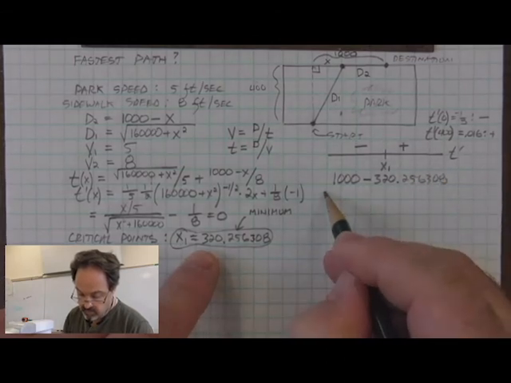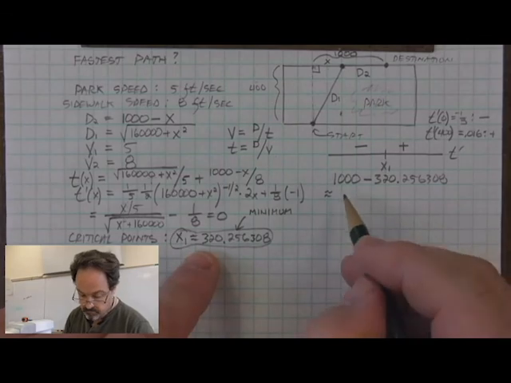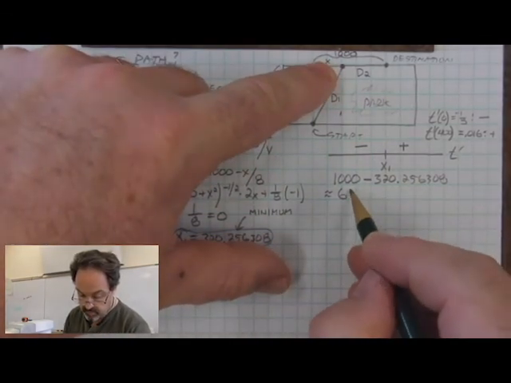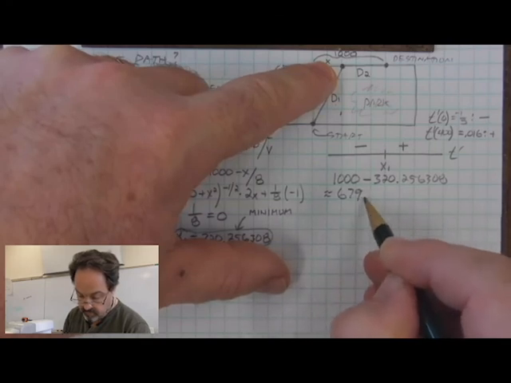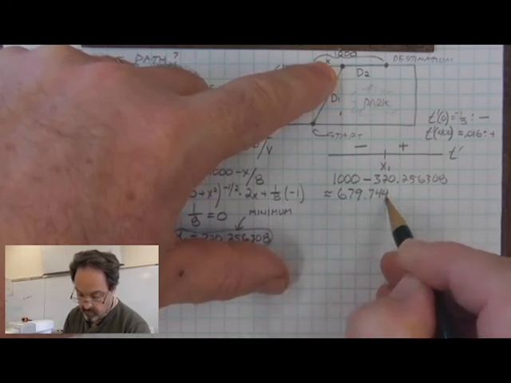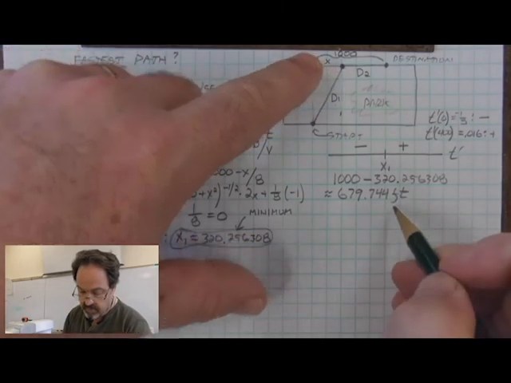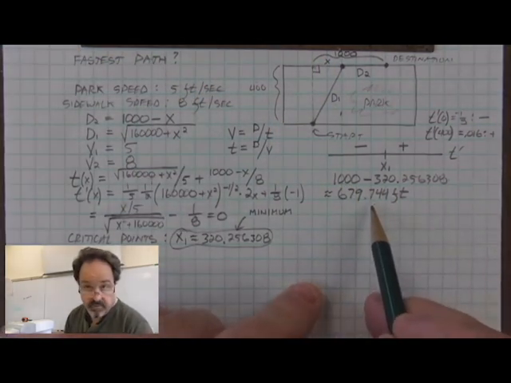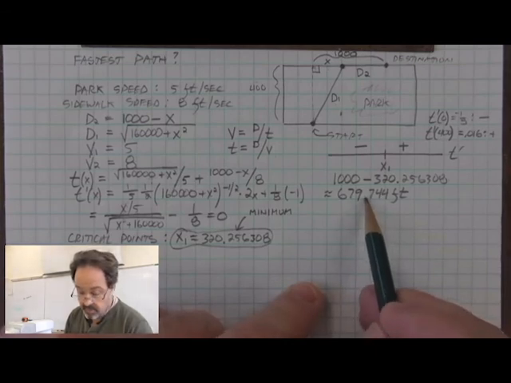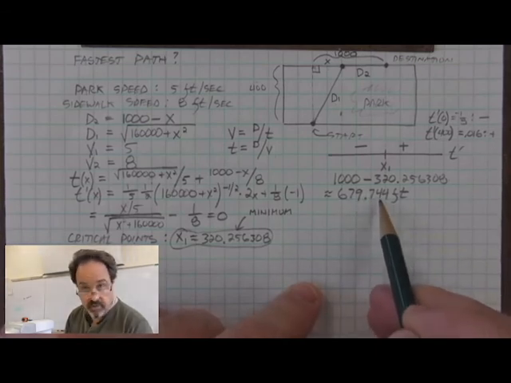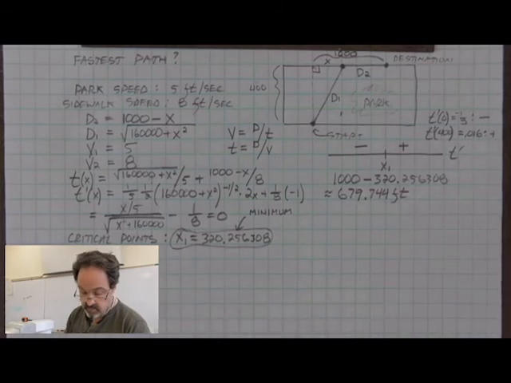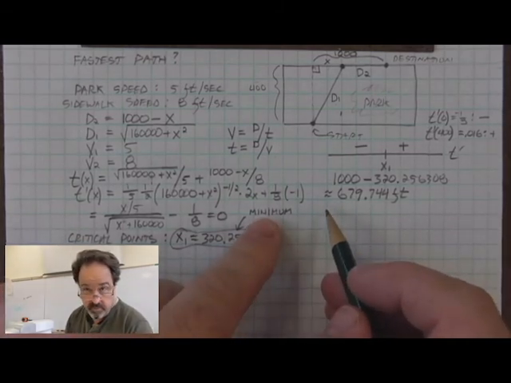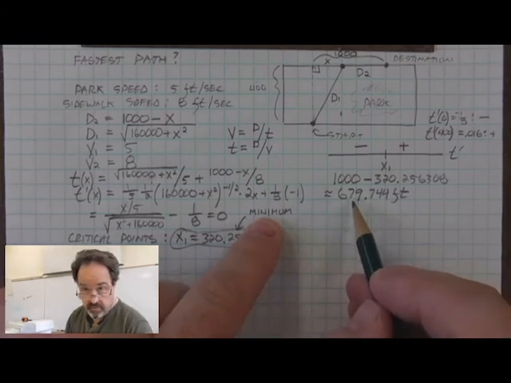And that is approximately 679.744 feet. Now this approximation has been rounded to the nearest thousandth to give an adequately accurate answer. And because this is a contextual problem, we want to answer it in the form of a complete sentence that uses the calculated value.